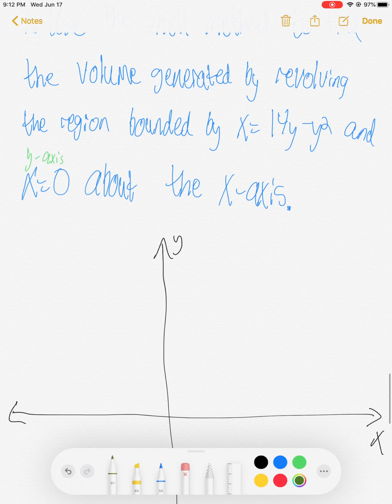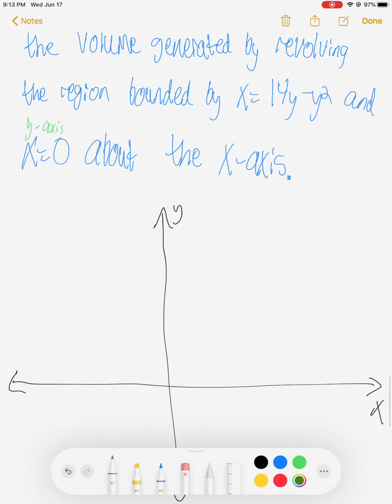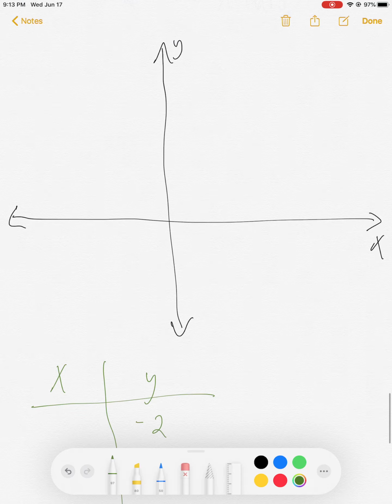I'm doing that because our function is given in terms of x, or it's a function of y. So let's see, if I plug in y equals -1, then I get x. Oh, I see why I was confused. Okay, I know how to sketch this.